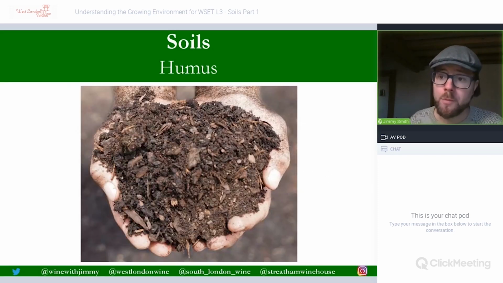Then we have humus. So humus is normally the top layer of the profile, like we mentioned, and it's made up of decomposing plant and animal materials. In this picture, you'll see nice, healthy humus, lots of bark and what looks like detritus of leaves, etc., which have then formed that soil.